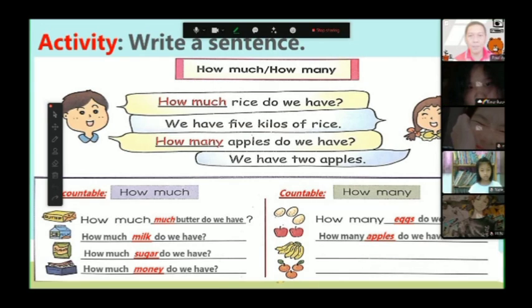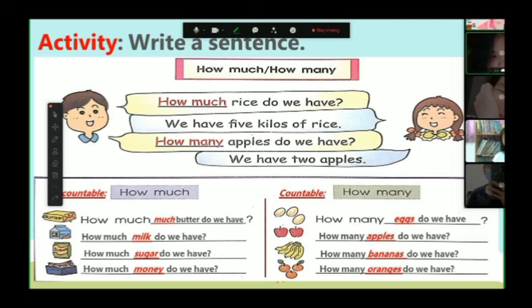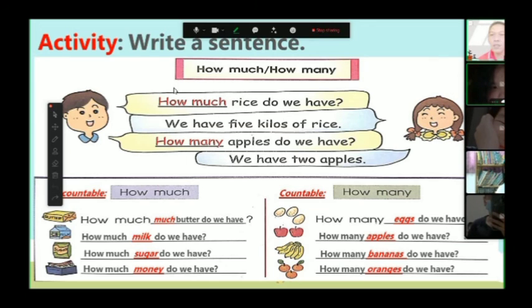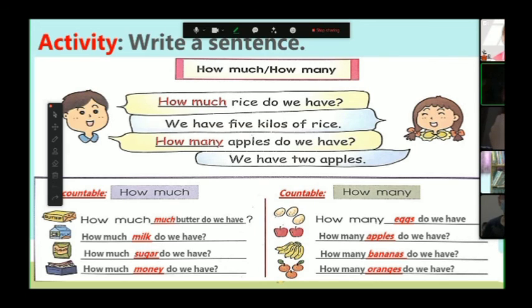Just copy this one and answer in your book. So can you screenshot this picture? Screenshot this activity and I want you to copy it in your book.